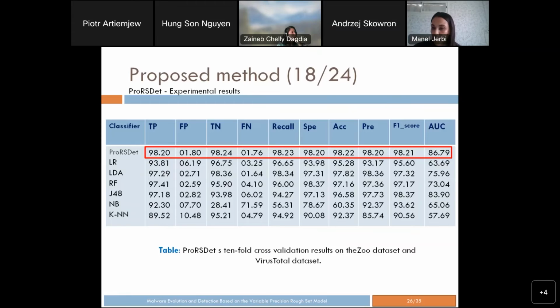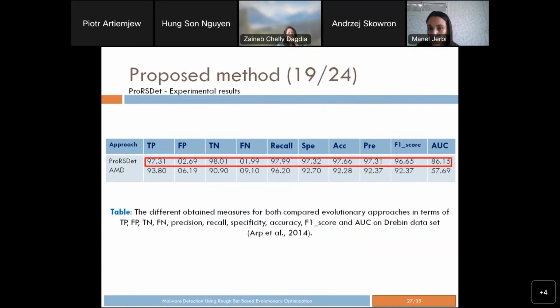To continue with our experimental analysis, from the obtained results when applying tenfold cross-validation, we can see that RSTA' outperformed various classifiers. Also, RSTA' was assessed using an unknown data set, which is the Draben data set, and it achieved better results than the state-of-the-art method, AMD.